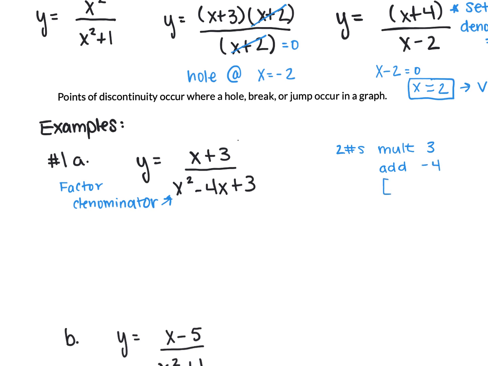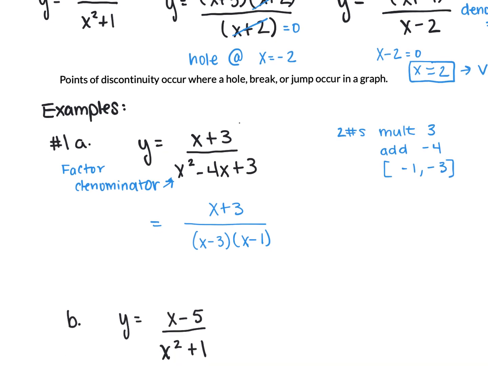So those numbers are going to be negative 1 and negative 3. When we rewrite this function then, we will have x plus 3 over (x minus 3)(x minus 1).